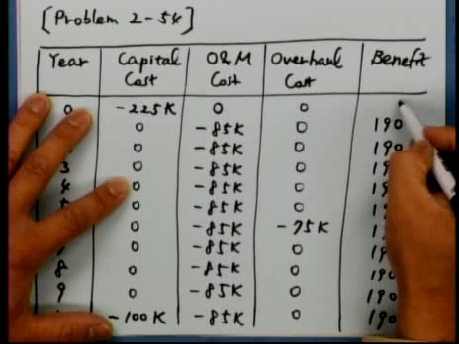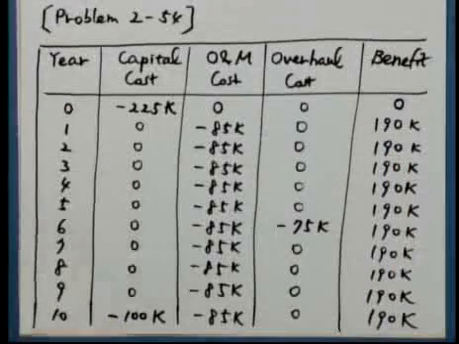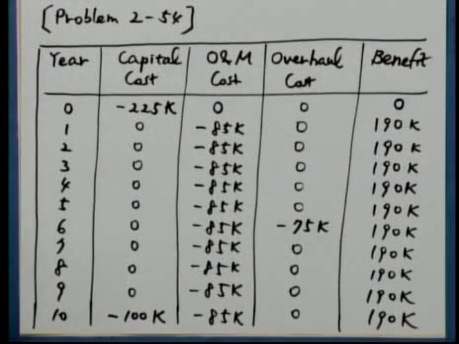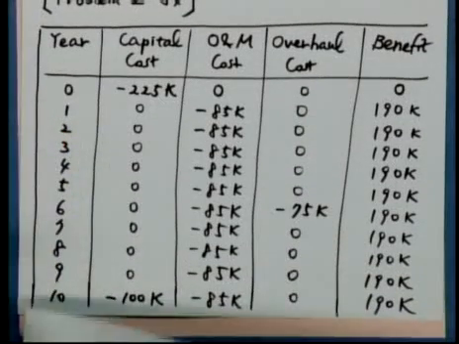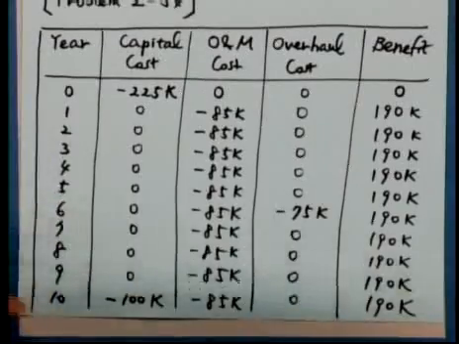Of course, there will be no benefit at the end of year 0. So this is the table of cash flow. So based on this, you can draw the cash flow diagram.